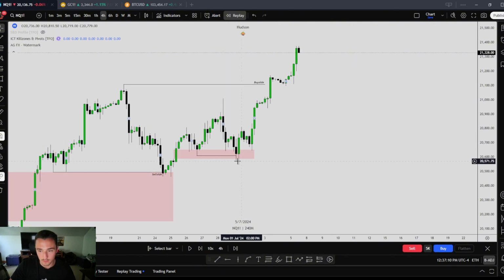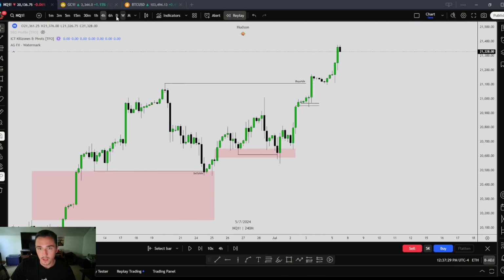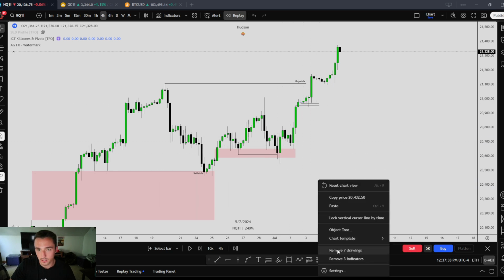You would have never been stopped out because we never violated these lows. Then right here, before we run that buy side, we tap into another fair value gap, and then we expand to that draw on liquidity. All of that was framed from the weekly level to the 4-hour time frame. I don't want to go down here because we have to do the daily next.